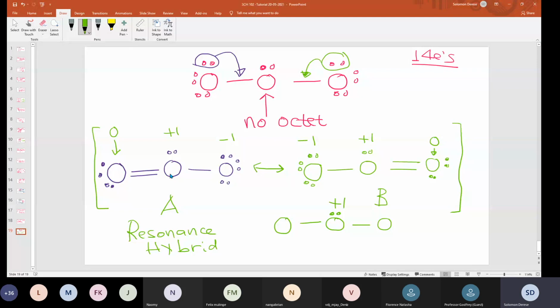How many, in each of them? Four electrons. See, these four electrons, 8 electrons. These ones are common to both of them.